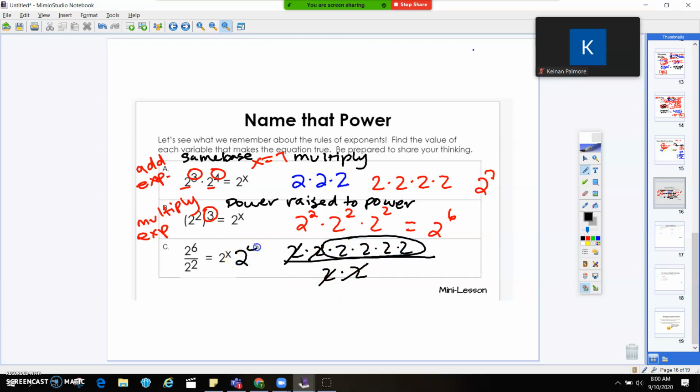So the way to do this, really simply, is to subtract the exponents. Okay? They have to have the same base, though. That means that if it was 3 to the 6th power divided by 2 to the 2nd power, then it wouldn't work. Okay?